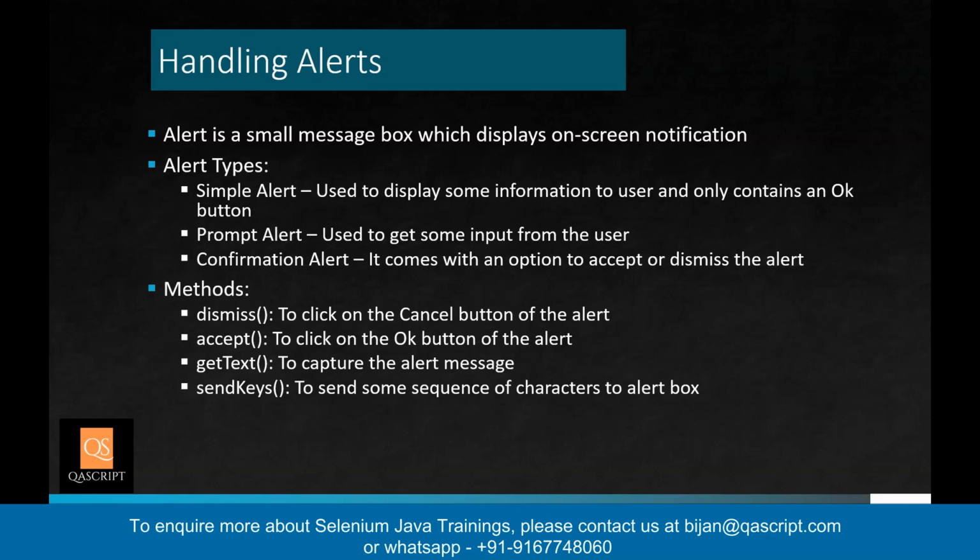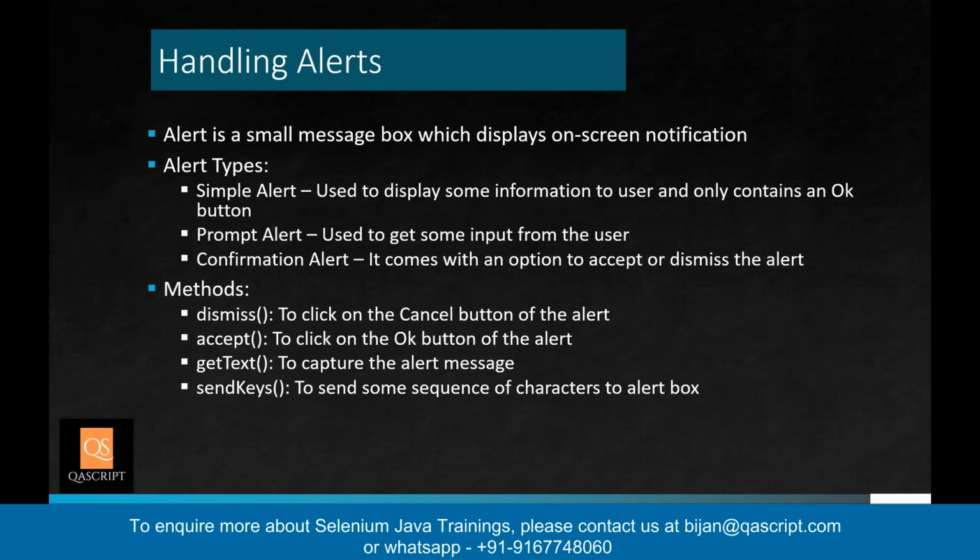Now there are different methods to handle these alert boxes. The first is dismiss, which is basically clicking on the cancel button of the alert, so it will close the alert box. Then there is the accept method, which is clicking on the OK button of the alert.